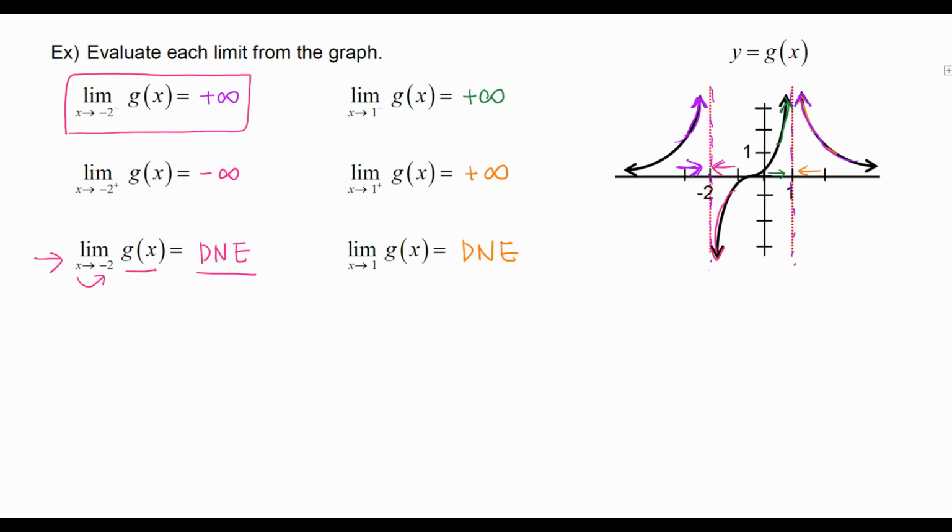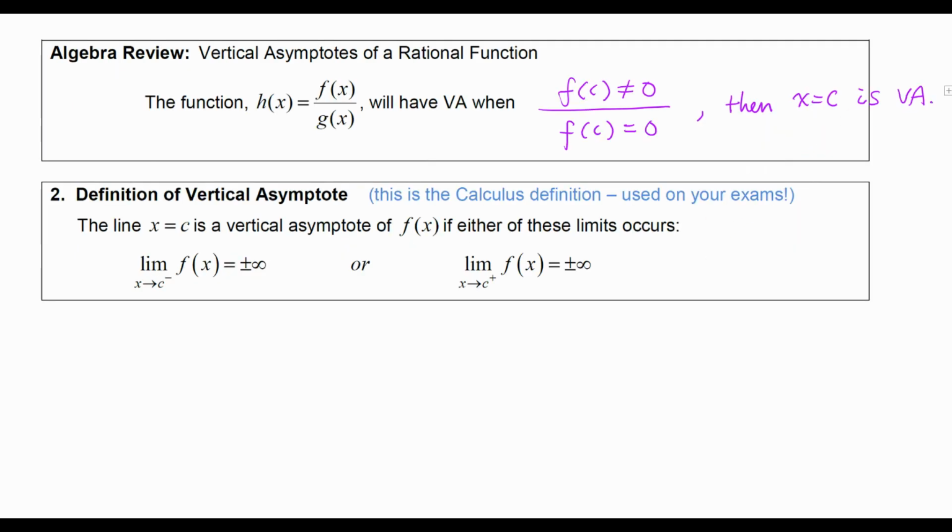As you've seen on the previous page, if the limit as x approaches c from the left of a function is positive infinity, we can clearly see there is a vertical asymptote there, right? And a one-sided limit is enough to say there is a vertical asymptote there. So make sure you say the line x equals c, that's the number that x is trying to approach.